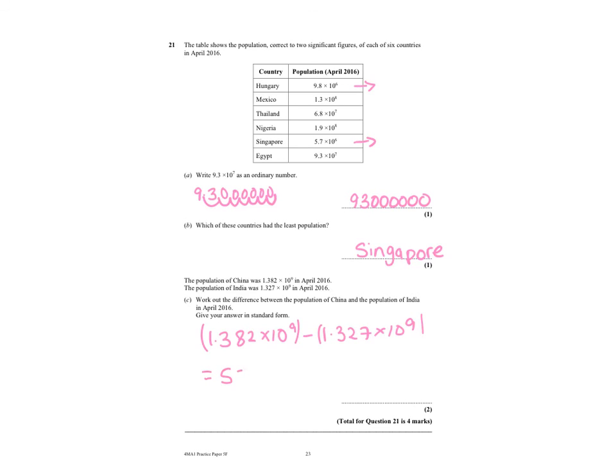So my answer is 55 million. And then we need to put this in standard form. So 5.5, then 1, 2, 3, 4, 5, 6, 7. So 5.5 times 10 to the power of 7.